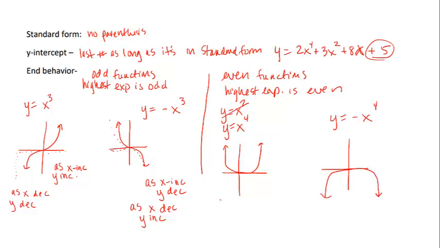So this, as far as end behavior goes, as x increases, as I go out here, my y is going up. And then as x decreases, my y also increases. So no matter what, whether I go on the right side or the left side, as x gets bigger or smaller, my y will always go up. And then, of course, the opposite here.